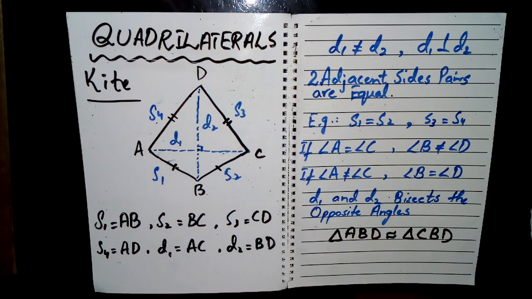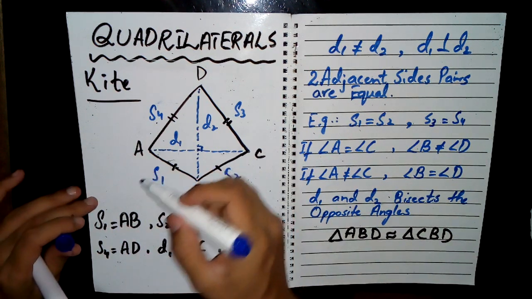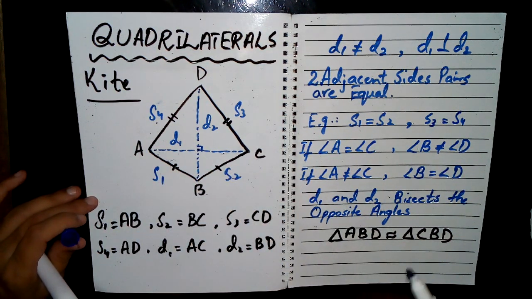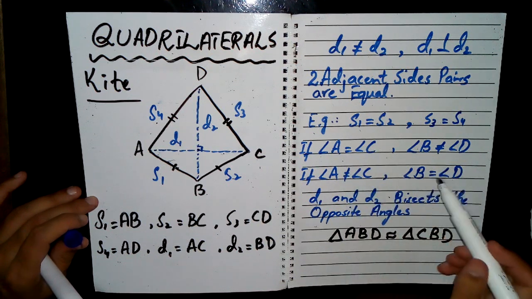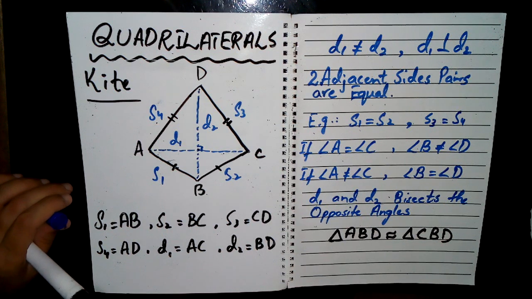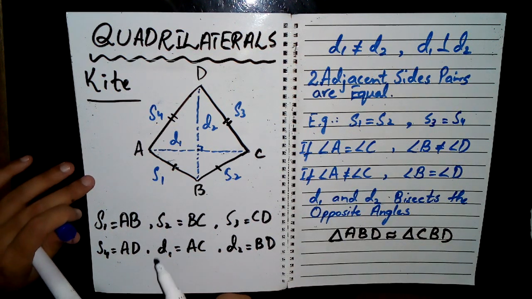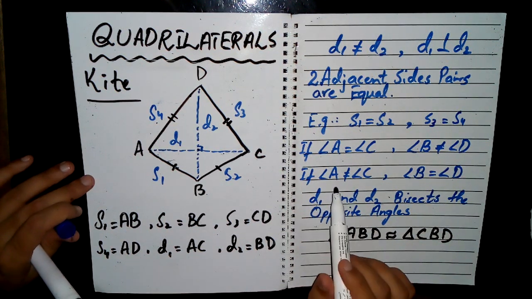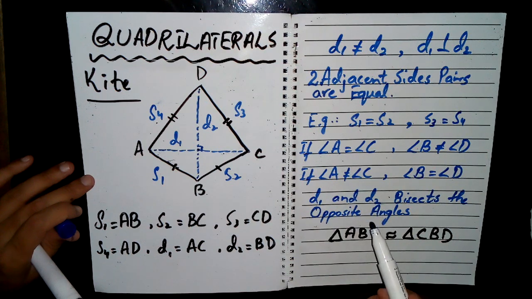In this diagram we must know that if, for example, side 1 and side 2 are equal and side 3 and side 4 are equal, it may also be that side 2 and side 3 are equal and side 1 and side 4 are equal. And in a kite, any one pair of opposite angles will always be equal.